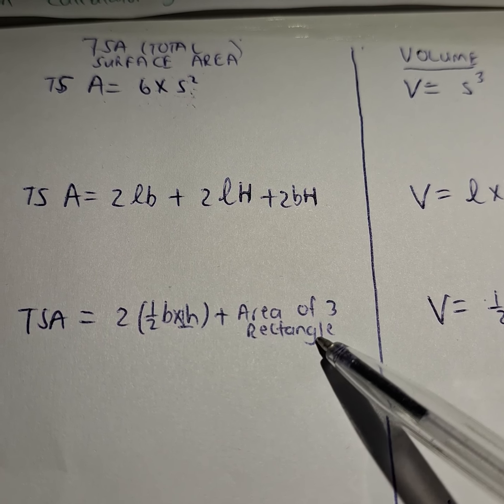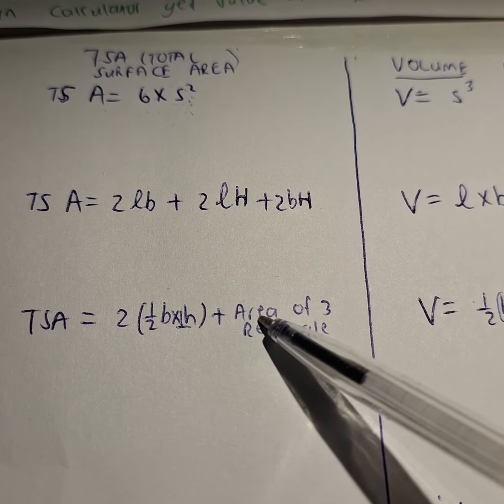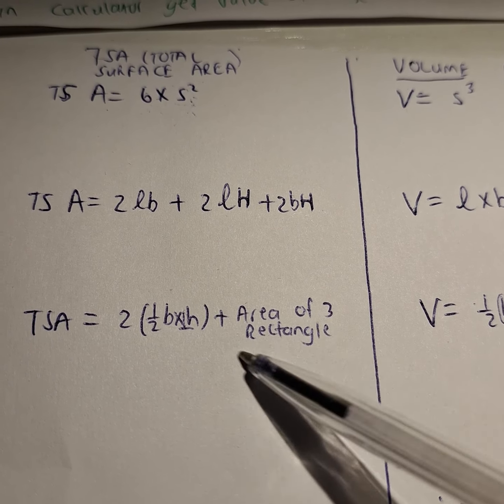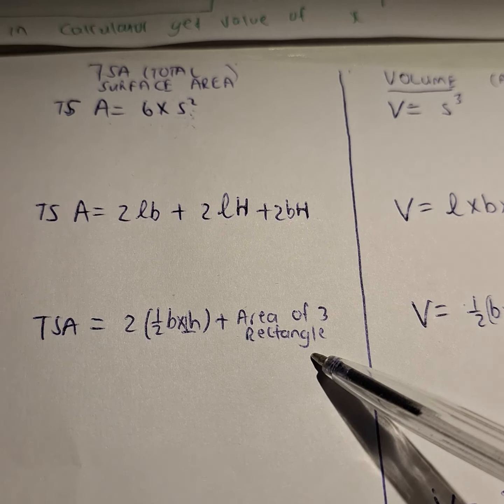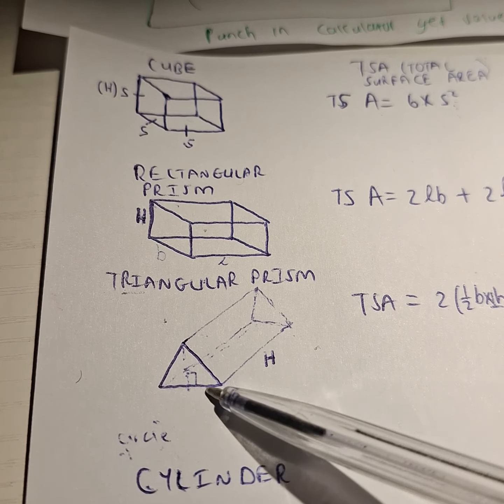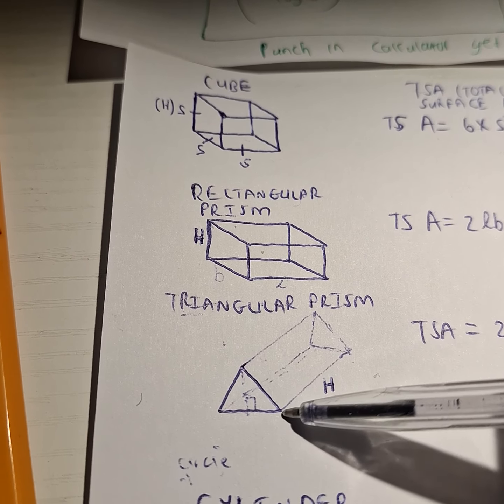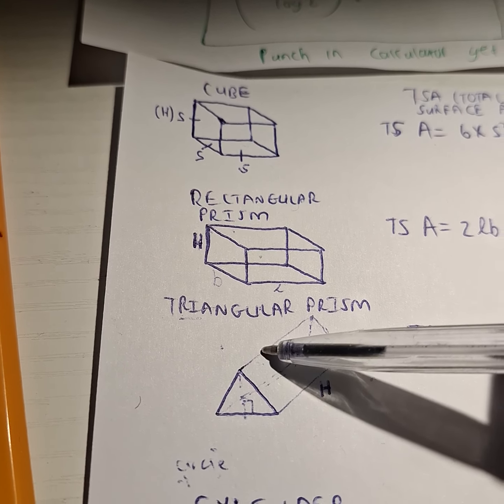Now you know an area of one rectangle is length times breadth, but then you are going to calculate the area of 3 rectangles. Now guys, these rectangles can be the same rectangles if the sides of the triangle are equal, let's say if the triangle here is an equilateral triangle.